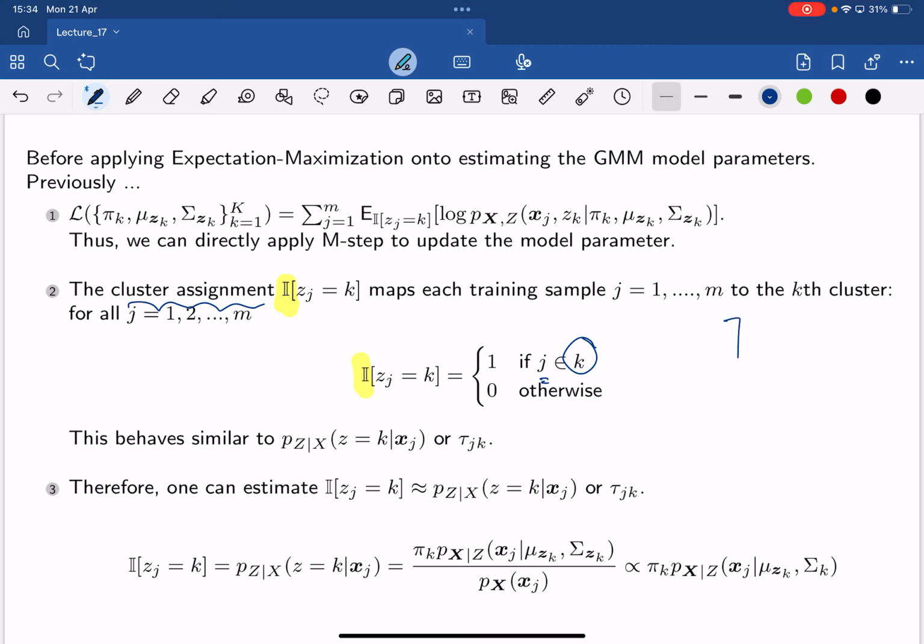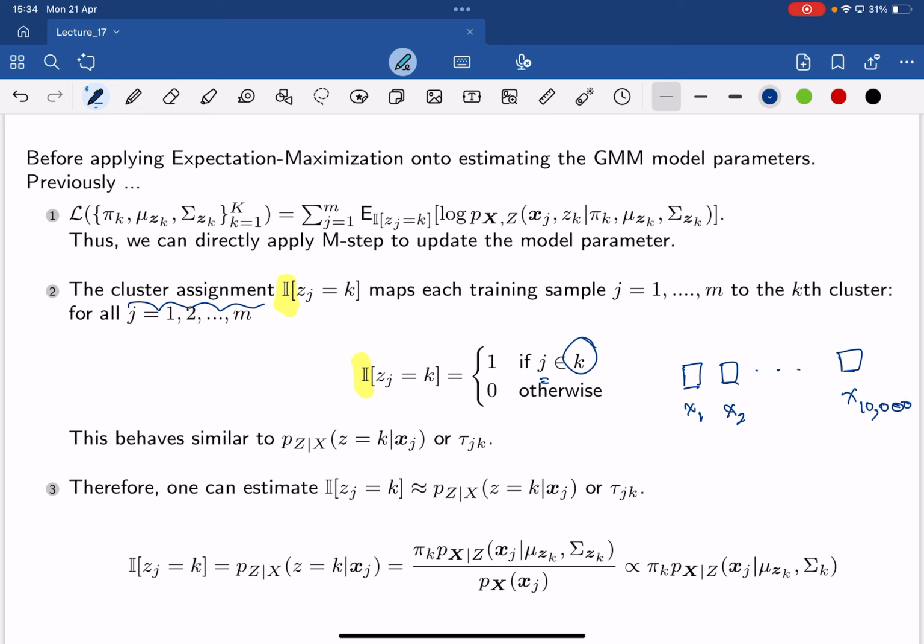For example, if you think about your x here, let's say you only have a scalar x, so that means x1, x2, up until maybe x10,000.